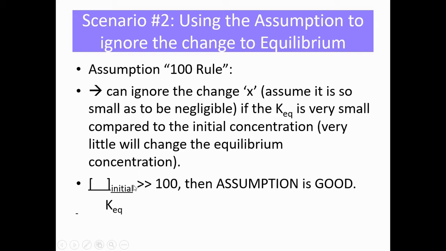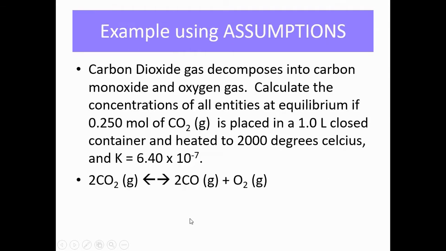I'll show you what I mean in a second. Basically, you're taking your initial concentration, dividing it by KEQ, and if you get something way greater than 100, that means your assumption is good. That's what we're going to be checking to see if we can ignore the change in x.